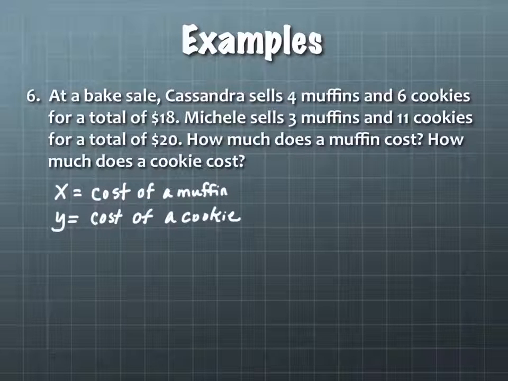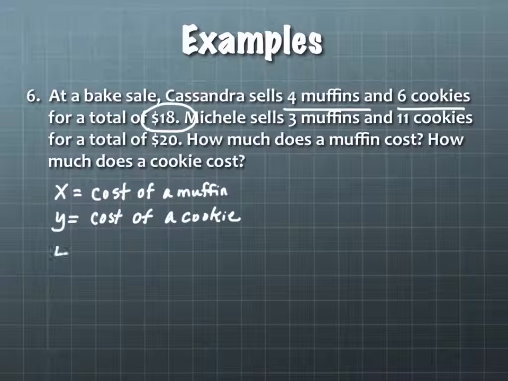All right, in our scenario here, we actually know the numbers of each of the things the person's purchased, or sold rather, and then we know the price, right? So if a muffin cost $3 and she sold 4 muffins, it would cost a total of $12. We would be multiplying, right? So it works the same way here.